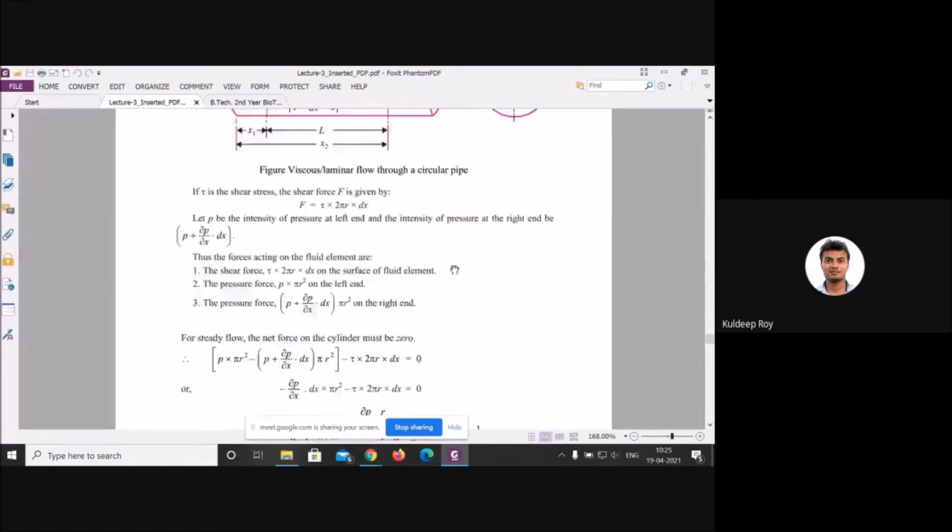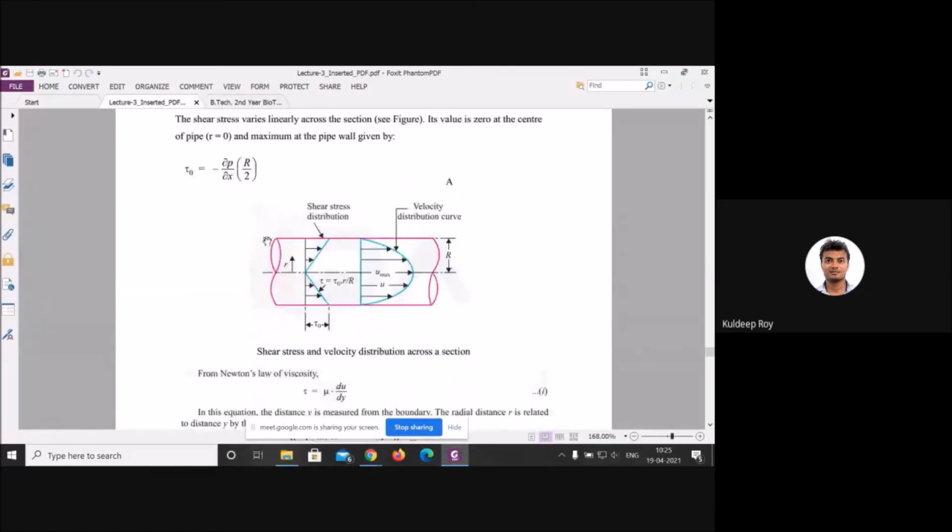To prove this, you have derived the expression and designed your profiles: velocity at the center is very high and at the surface it is zero, but the stress will be very high at the surface and zero at the center.